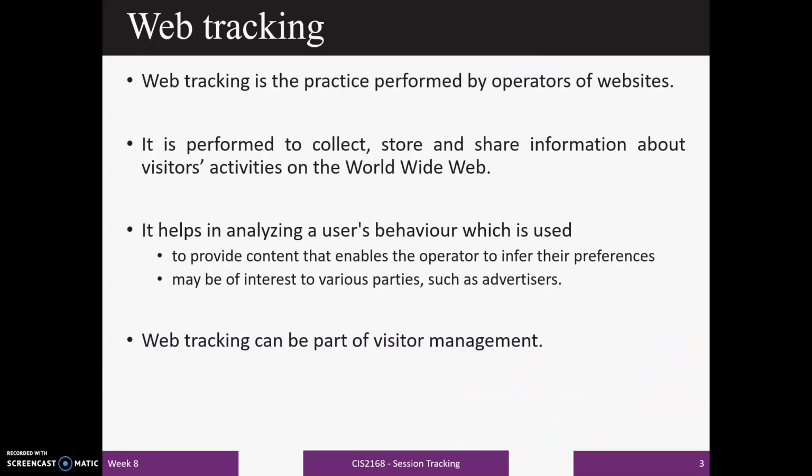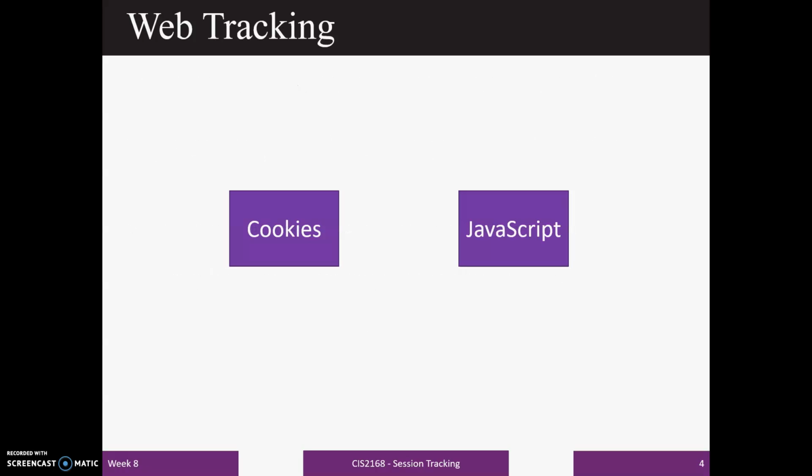Now in the next slide, I have explained how you will perform web tracking and what elements are required in order to perform it. Here you can see you will write your website.